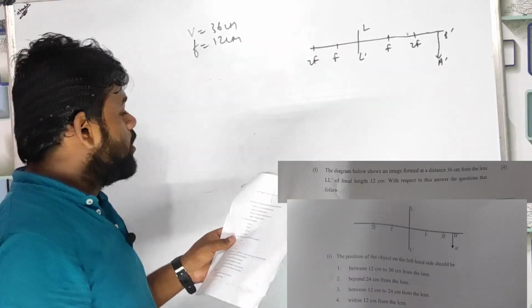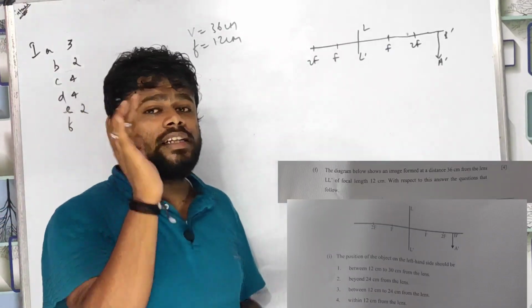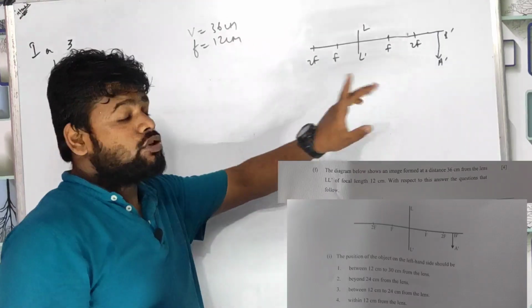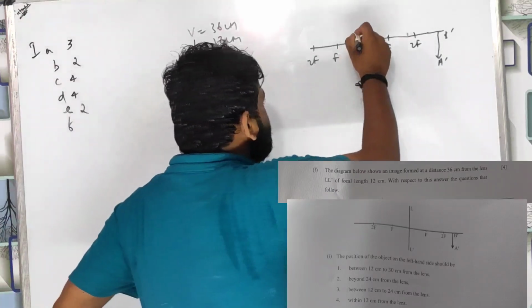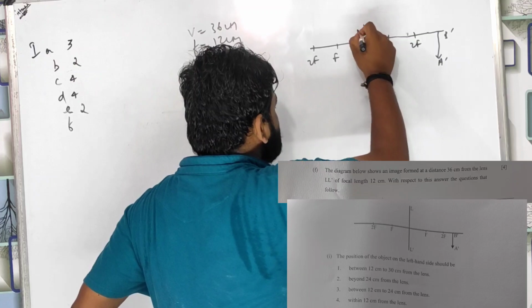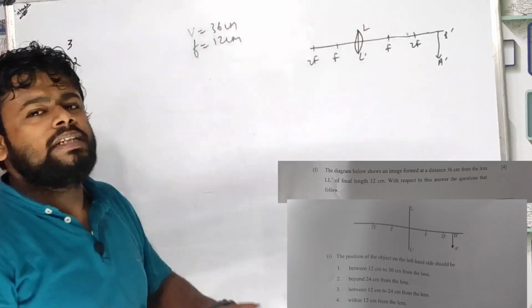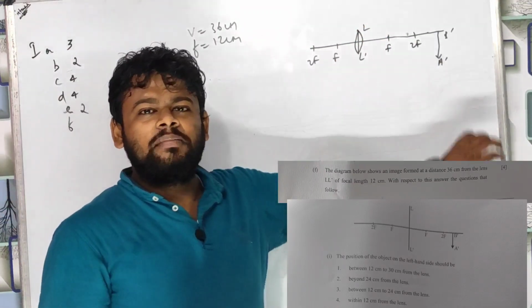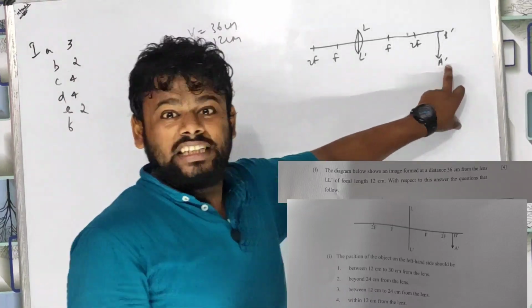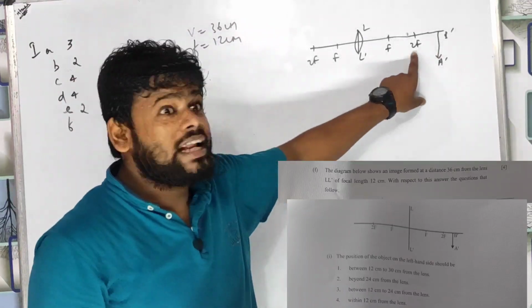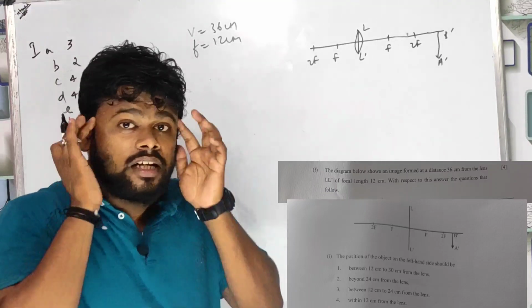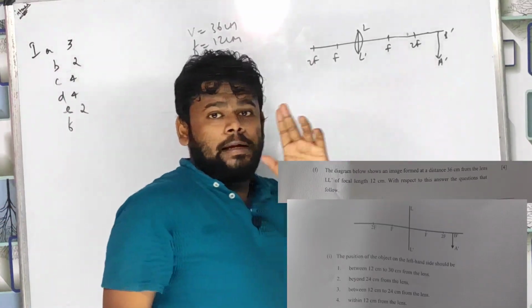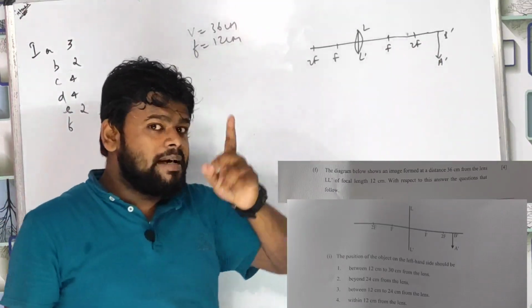Am I right? First of all we have to understand which kind of image it is, and which kind of lens, a convex lens, children. Why is it a convex lens? Because the image is formed in this way, beyond 2F. Children, see it very carefully.